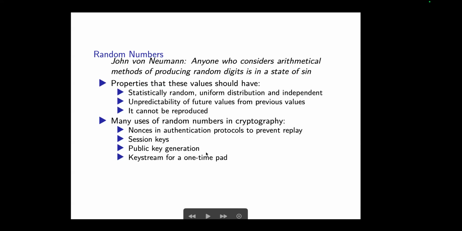It's sort of like the expansion of pi, right? If you go through the expansion of pi, this sequence never repeats itself. It's actually truly random, right? But it cannot be reproduced. And of course you can reproduce it, because you know it's pi, right? And you cannot predict future values from previous ones.